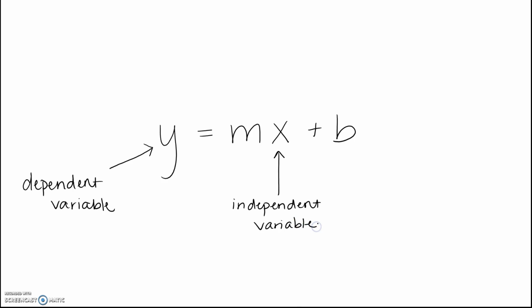All right, so one example I can use is if I'm going to the movies, my independent variable, or something that I can control, would be the number of tickets. I can choose how many tickets I buy based on how many people go. The dependent variable, what depends on the number of tickets, is the total cost.